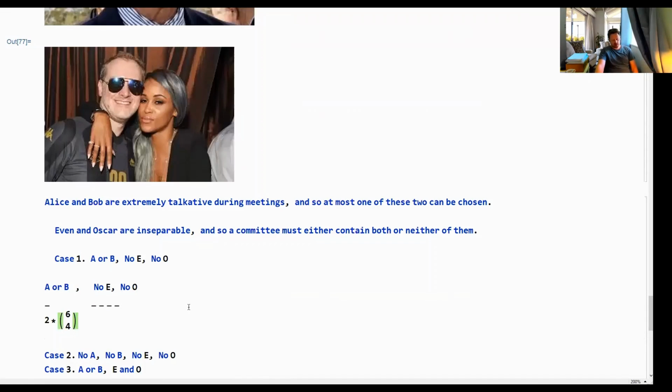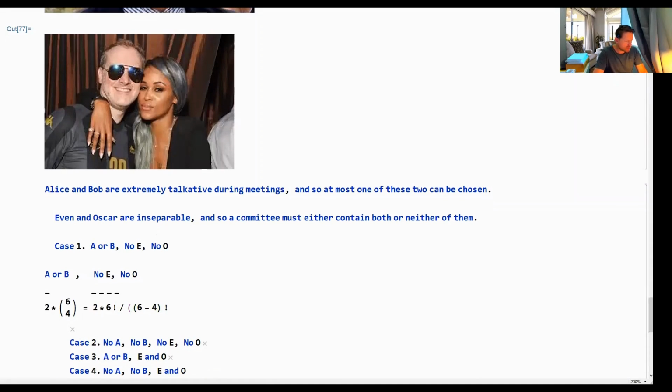Now, let's calculate that. We can even do this by hand, I suppose. So we have 2 times 6 factorial, divided by the difference between 6 and 4, so 6 minus 4 factorial, and then also dividing by 4 factorial.